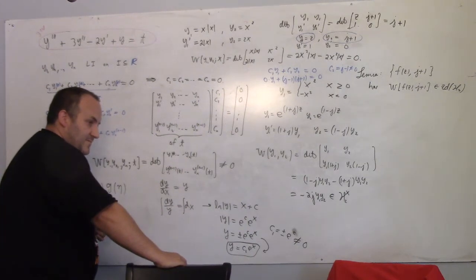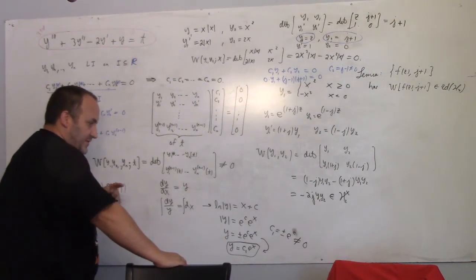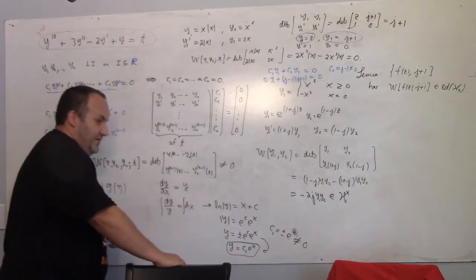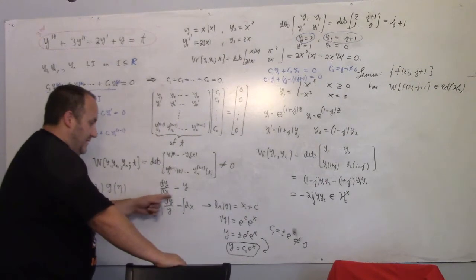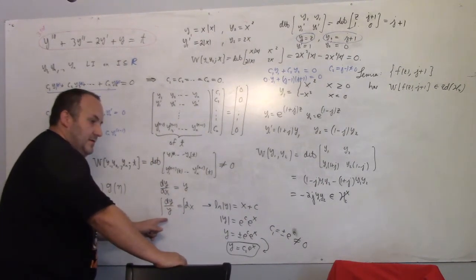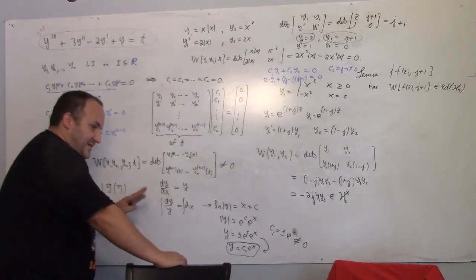See, the reason that we didn't get 0 in this line of logic, if we carefully study it, it's right here. Going from here to here, we divided by y. And so once you divide by y, you've lost information about y equal to 0.